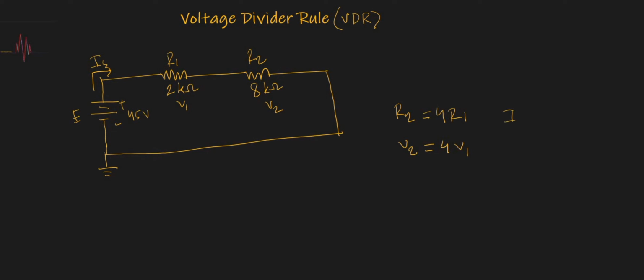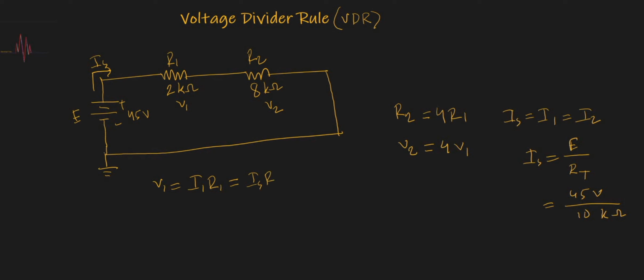So Is equals I1 equals I2, and Is will be E over RT. The value of the voltage source is 45 volt and the value of the total resistance is 10 kilo ohm. Now V1 equals I1 R1 equals Is R1.